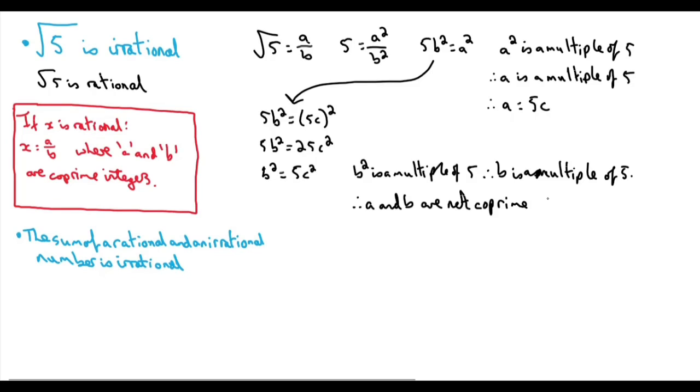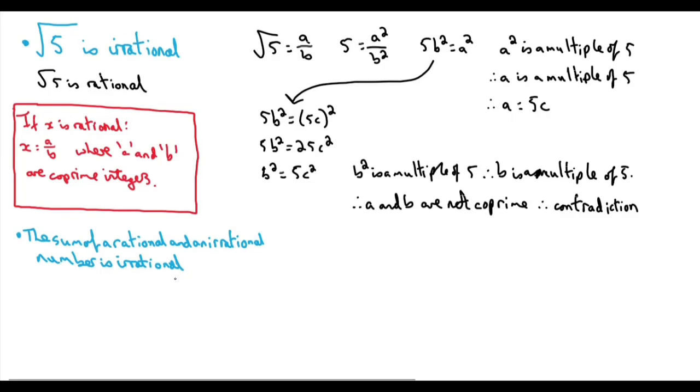Therefore, we have found our contradiction. Therefore, the root of 5 is indeed irrational. Regardless of what number they put under the square root, so long as it's a surd, this would be the exact same working that you would do, it's just this 5 would change for whatever number that is there.